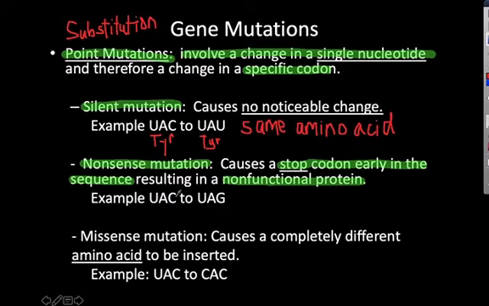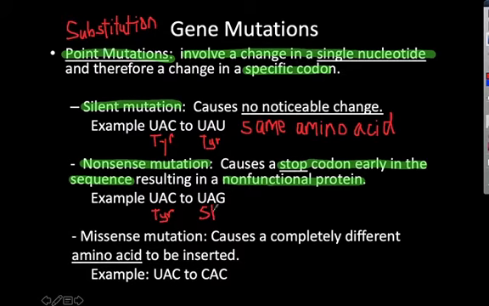So if you had UAC, this was what the codon was supposed to be, UAC, and this nitrogen base here gets mutated to a G, so it went from cytosine to guanine, and now you have UAG. Okay, so there's your mutation. So UAC, remember, was tyrosine. But if it mutates to UAG, well, UAG is a stop codon.